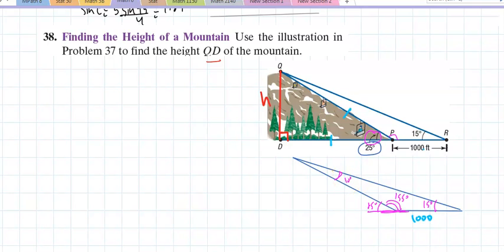Now, do you see that using the law of sines, I could figure out what this side is? And remember, this side is the hypotenuse for this triangle. And if I know what the hypotenuse is, pretty much I'm done.